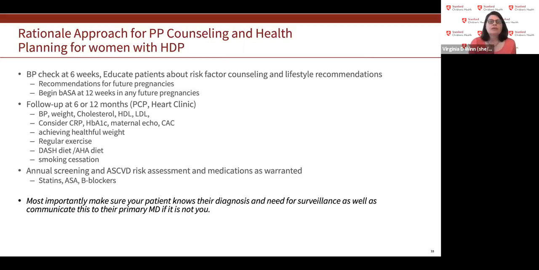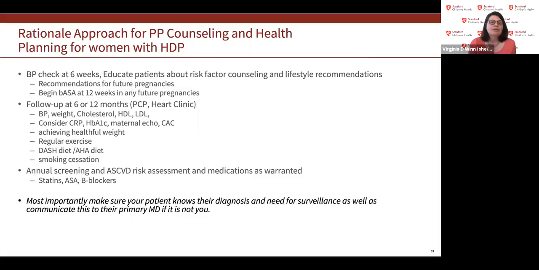If they're going to become pregnant in the future, begin baby aspirin at 12 weeks, and then refer to a heart clinic, cardiologist, or primary care provider within 6 to 12 months, where they would be followed with blood pressures, weight, checking their cholesterol, and considering other markers of cardiovascular disease.